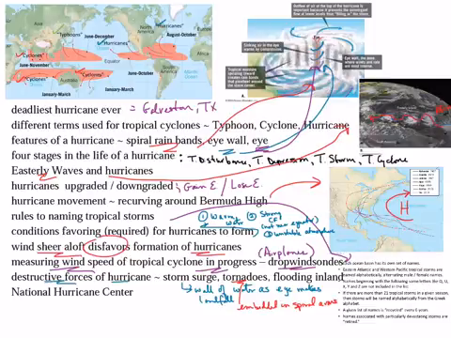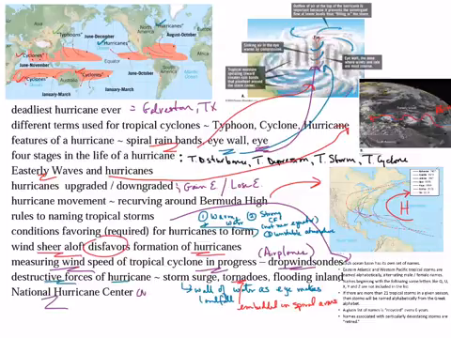Flooding inland. Now, this I think might have been a homework question, but this idea of the spiral rain bands bringing all of that ocean water with it as it matures, here in the Midwest, if a weather system, a petering out hurricane, goes inland and gets us here in the Midwest, it's the flooding from the spiral rain bands that gives us issues.